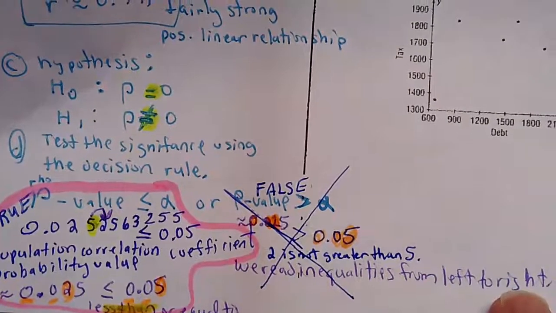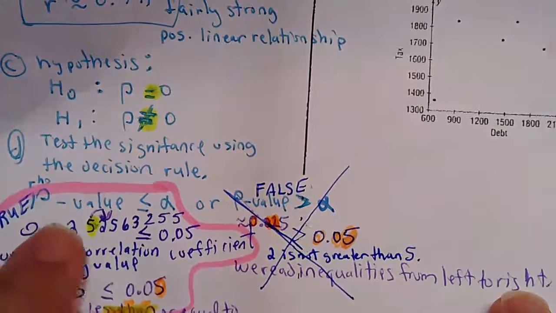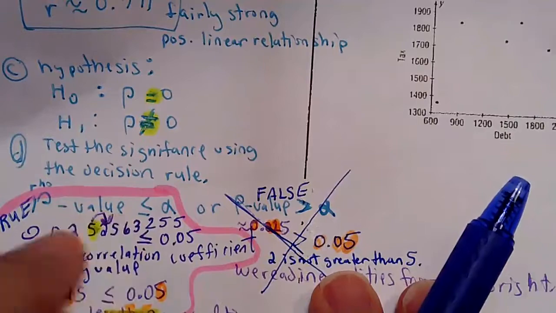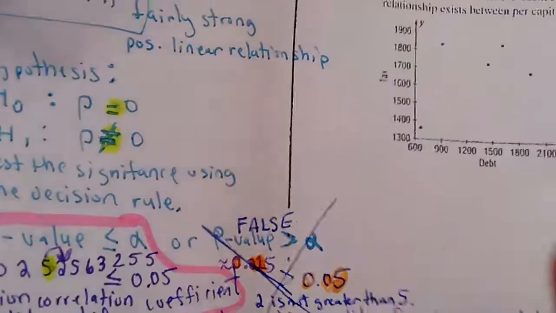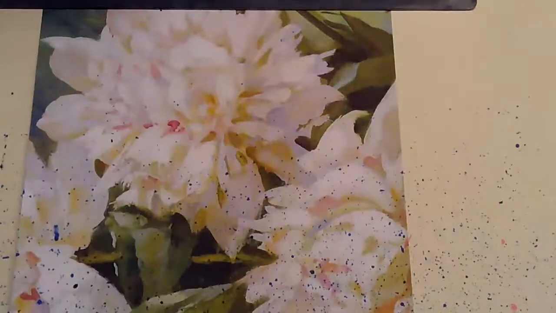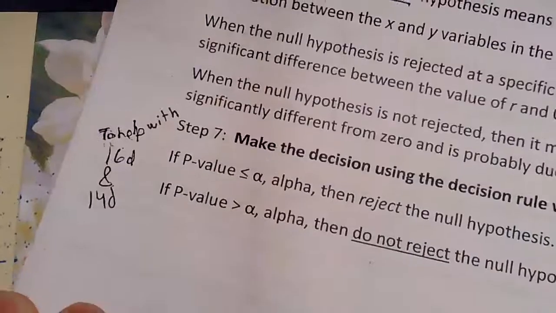All right. So now that we know that we're going with this one, our p-value is less than or equal to alpha. Now you have to go to summarizing.